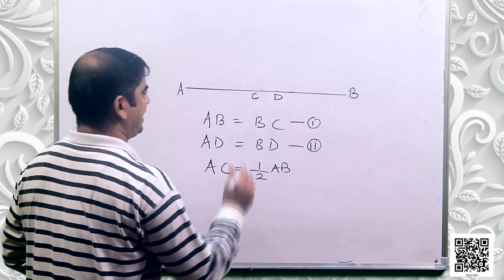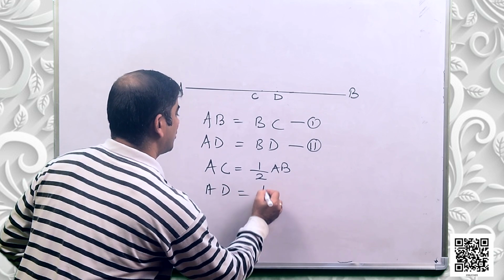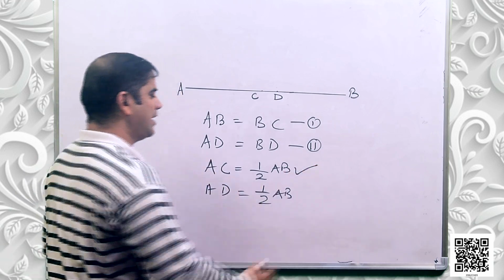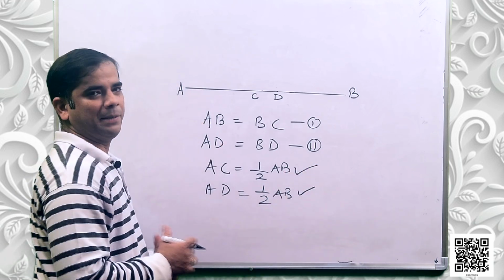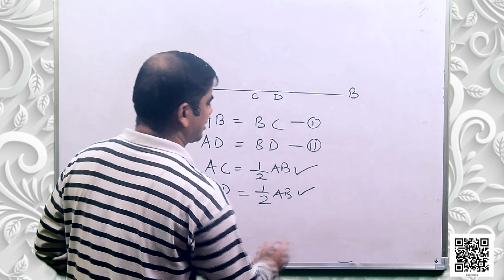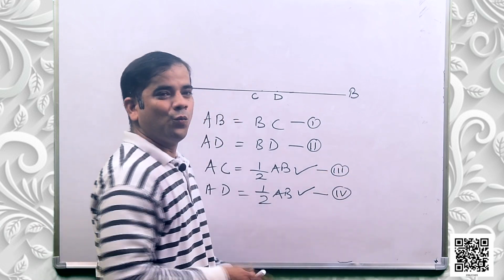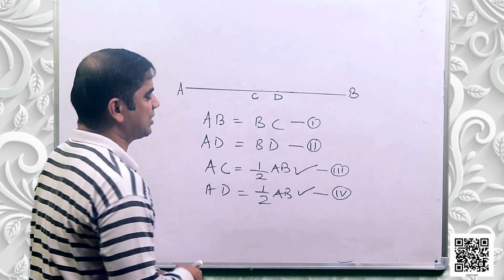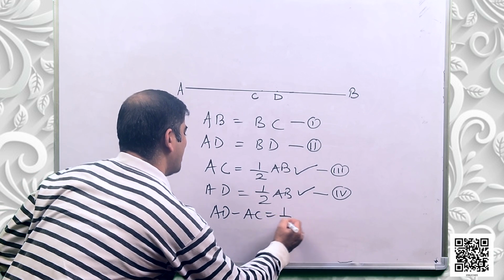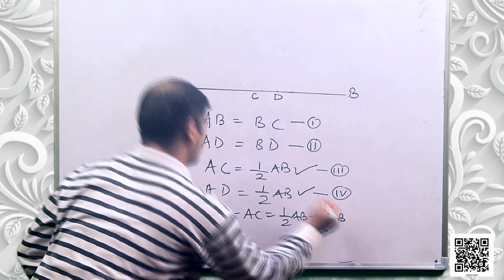Again, if I take AD, that is also equal to half AB, because in this case C is the midpoint and in this case D is the midpoint. Suppose this is equation 3 and this is equation 4. When we combine them, I can write AD minus AC is equal to half AB minus half AB.